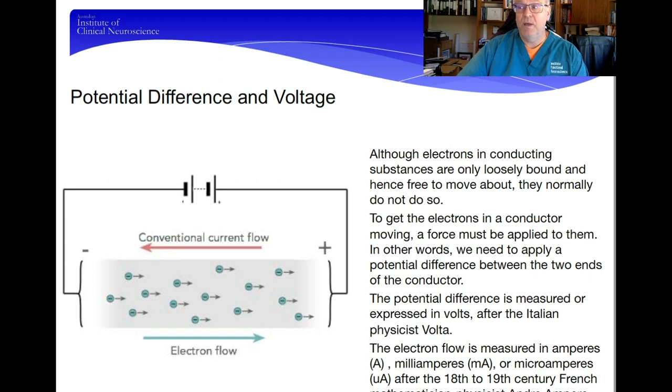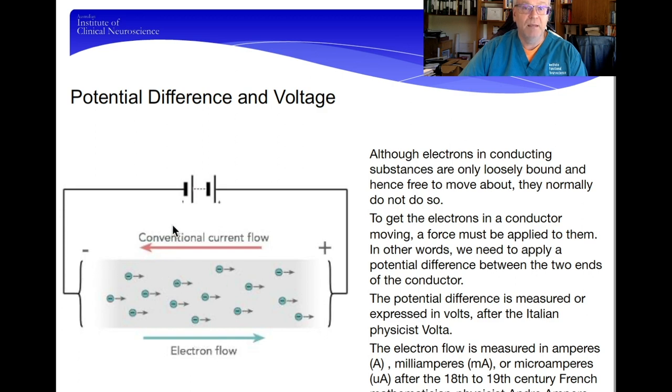So basically, we have a circuit, and the circuit has, say, a battery. This battery is producing a voltage, which is causing the electrons to move in a certain direction and produce a current flow. Note also that the electrons move from negative to positive, and the current flows from positive to negative.